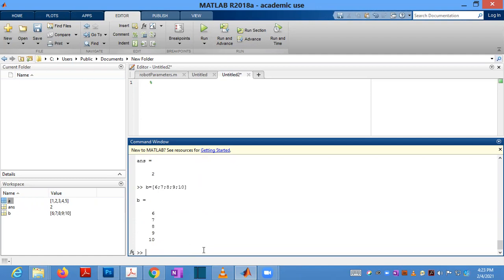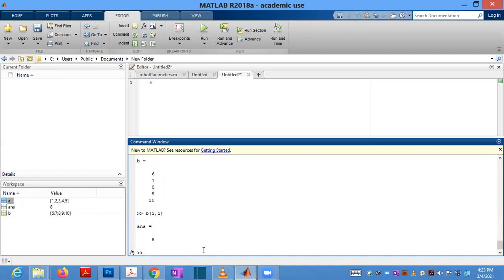B of 1, 1 will be 6, B of 2, 1 will be 7, like that only. B of 3, 1, the third element, is 8. So a column vector is entered using a semicolon, and a row vector is entered using a gap.